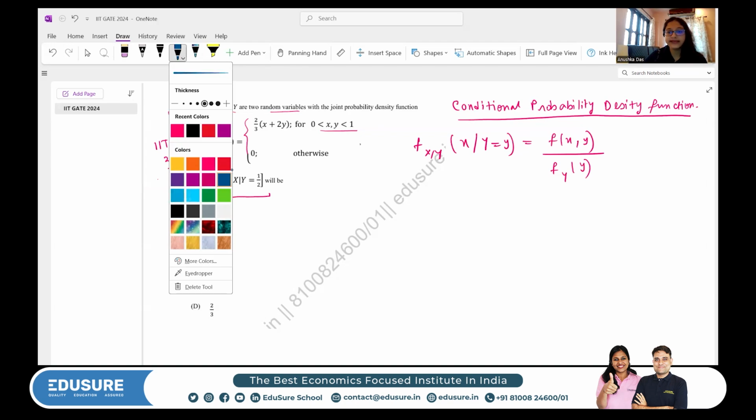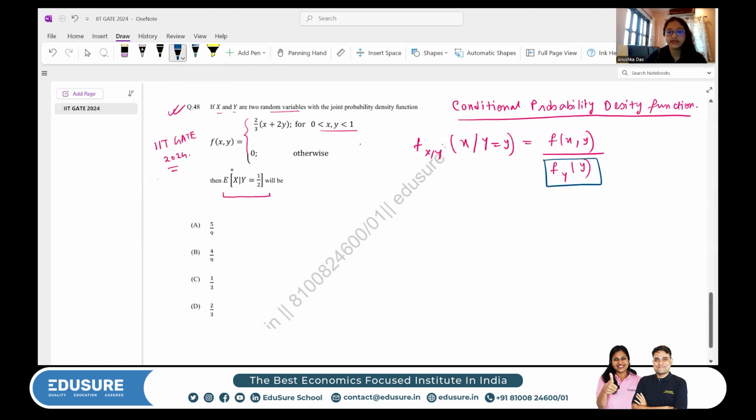For that, firstly, we will find this. This is the marginal density function of y, of the random variable y. So let us find that out.